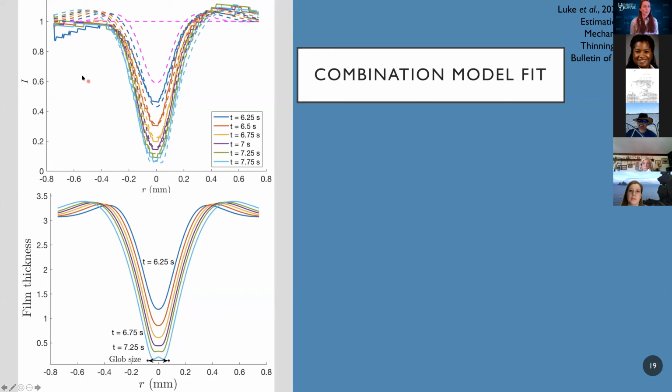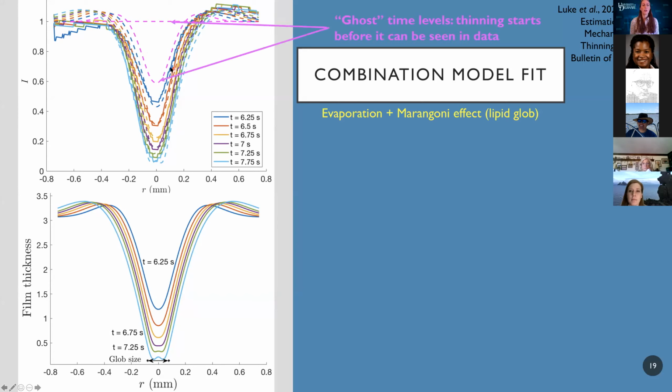Again, we have fluorescent intensity on top, okay, tear film thickness on the bottom, and something you might be noticing, let me mention again, the combination means both evaporation and the Marangoni effect. Okay. These magenta time levels might be jumping out at you. So as you noticed in the video that I pointed out, the person's upper lid is obscuring the breakup region as it's forming at the beginning.